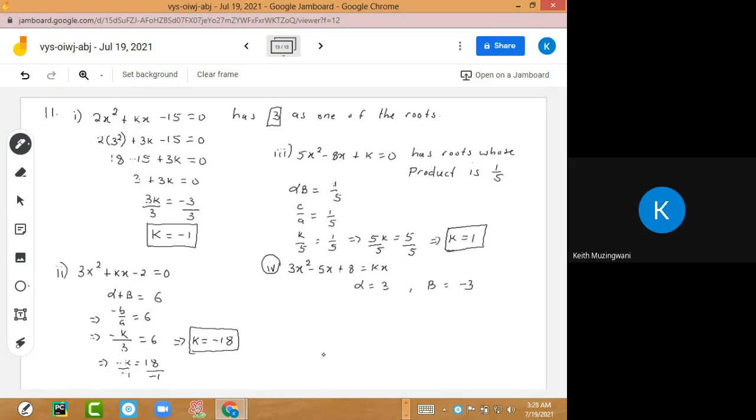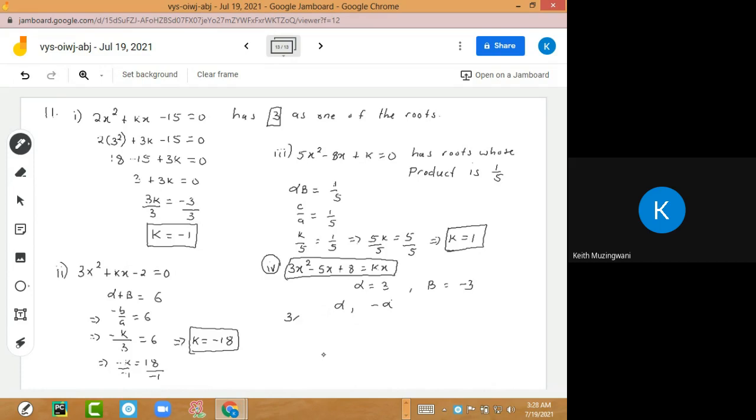Meaning that if you have alpha, the other one should be negative alpha. But this is not in the standard form of the quadratic. So you must write it as 3x squared minus 5 minus k, here to be plus, and then the x outside. Because your brains have been thinking for some time now, let me be slow.